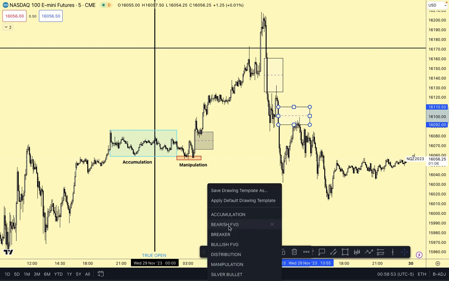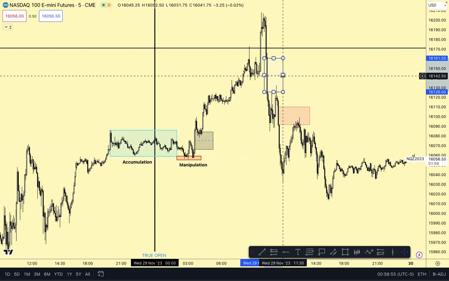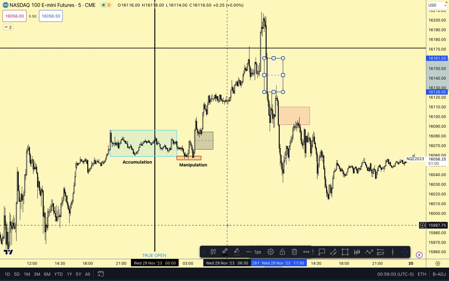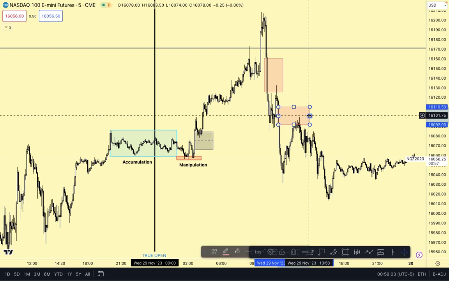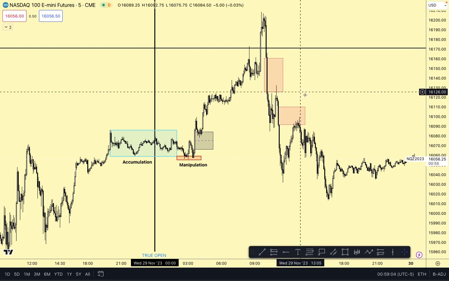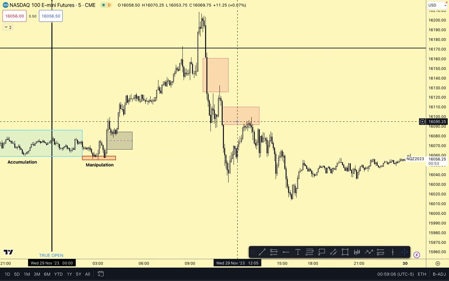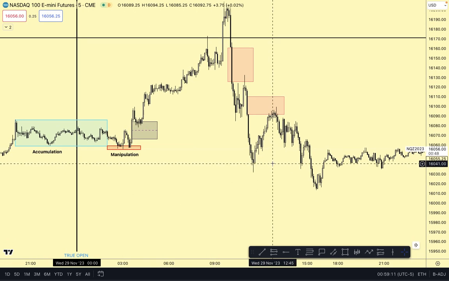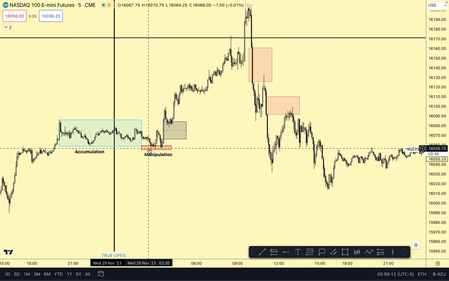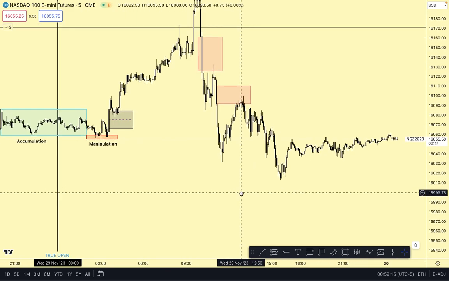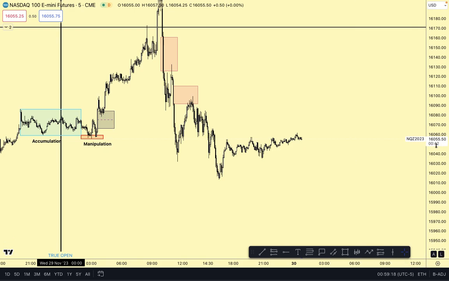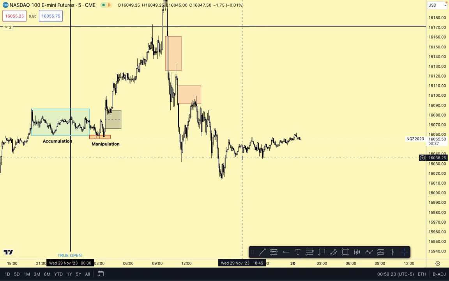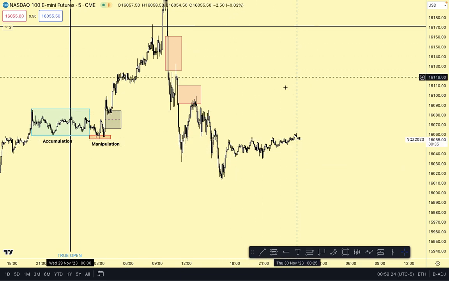Let me just make it bearish, which is easier. If I'm correct, it should consolidate again and then form.